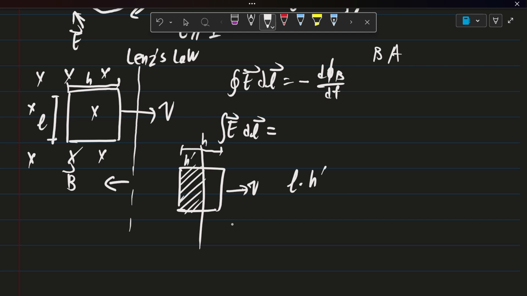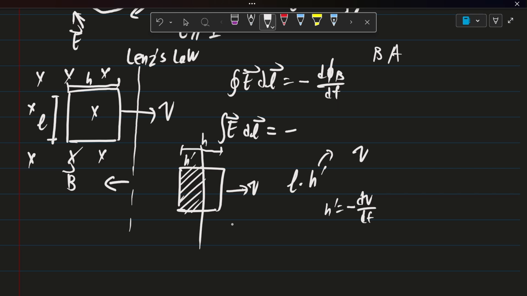But we know a relation between H prime and V, in which H prime is the negative dV over dt. An easy way to state this is that it's telling about movement. It is obvious that H prime should reduce proportional to the speed. So this is the relation.